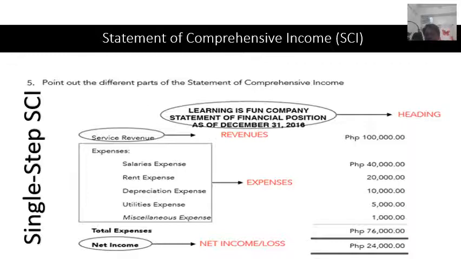It should be statement of comprehensive income or income statement. The second line is for identity, so you know what statement you are reading. So if statement of comprehensive income is written, revenue and expense should be there. So again, it is not statement of financial position. The teaching guide made a slight mistake.